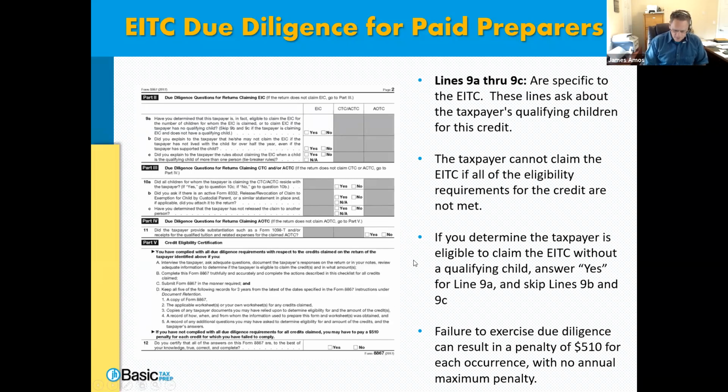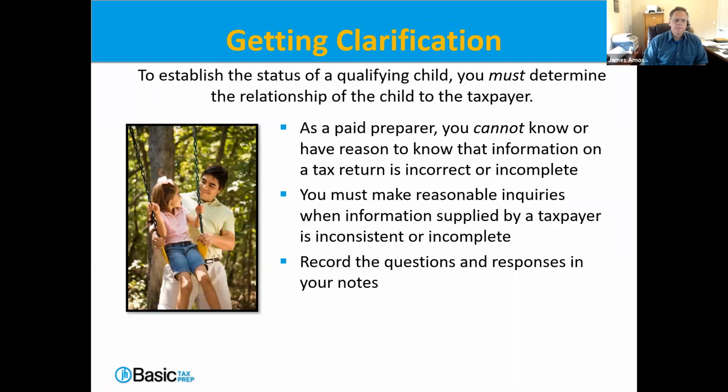The point is due diligence is very important. It's important that you clarify anything and everything. EIC is the most widely abused tax credit that exists. Okay, IRS watches this very carefully. They randomly audit tax returns that are filed.